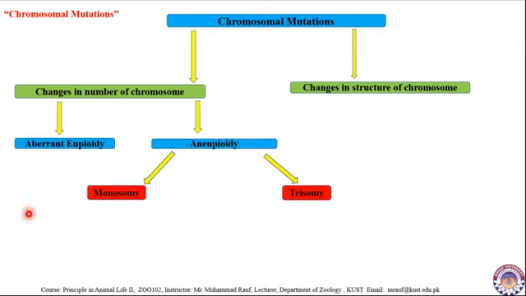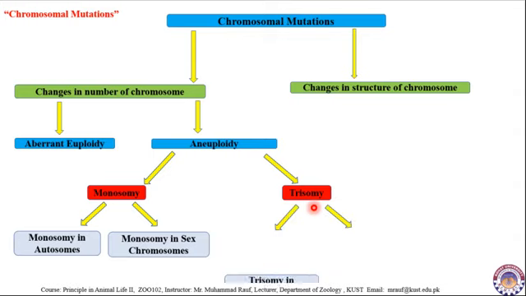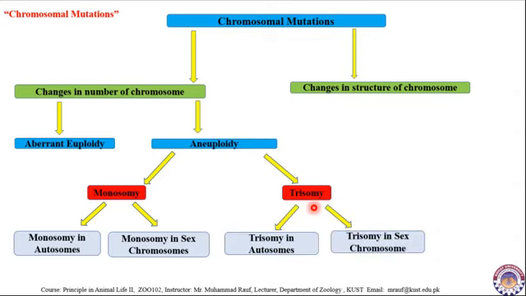In the 2n-1 condition, the missing chromosome can be either a sex chromosome or an autosome. Similarly, in the 2n+1 condition, the chromosome in excess can be either an autosome or a sex chromosome.